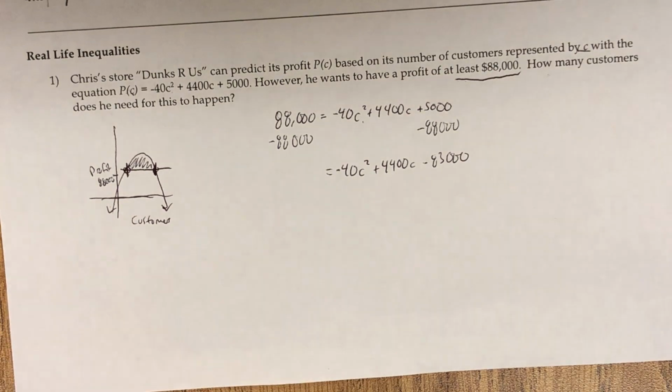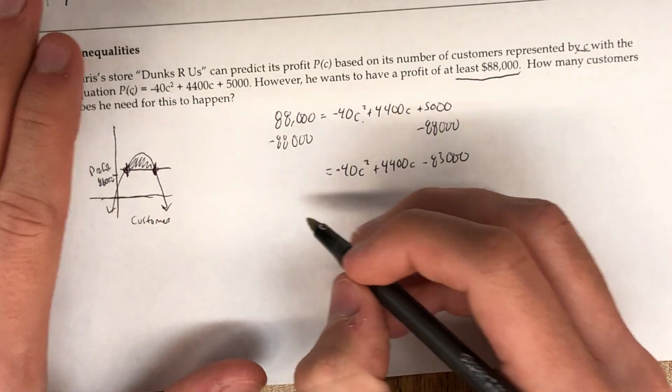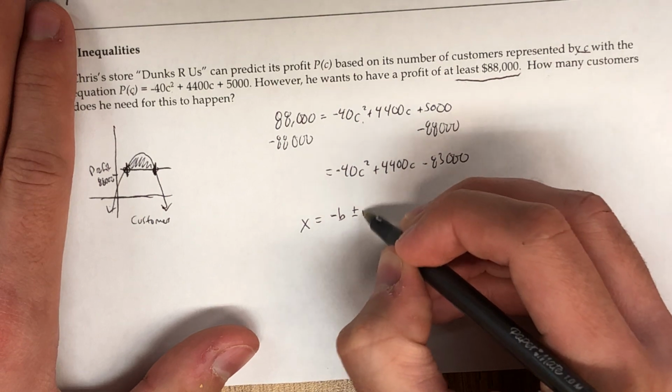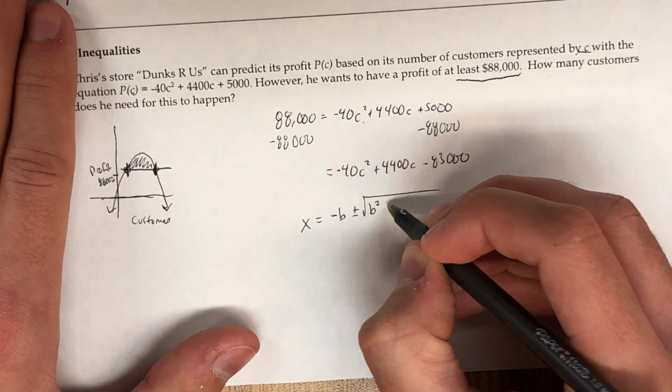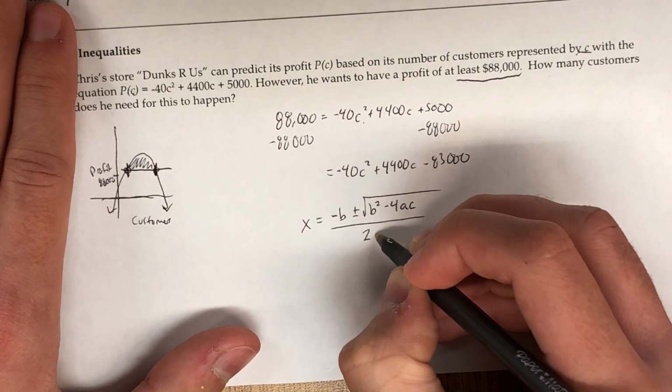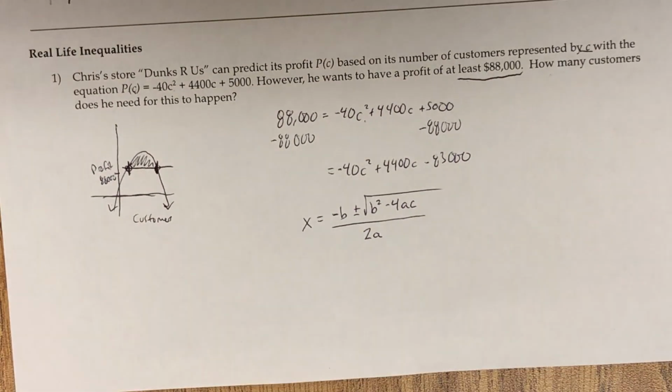And now we want to use the quadratic formula. So we'll do x equals negative b plus or minus the square root of b squared minus 4ac, all over 2a.